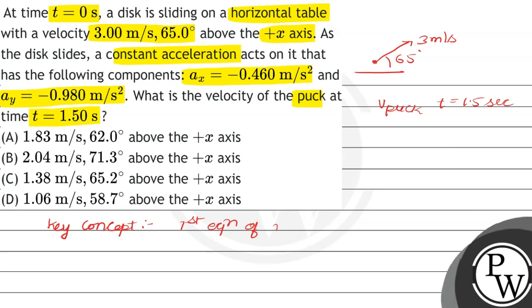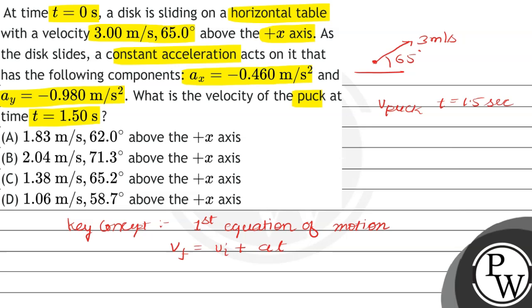The key concept of this question is the first equation of motion, and this states that the final velocity equals initial velocity plus acceleration into time t.